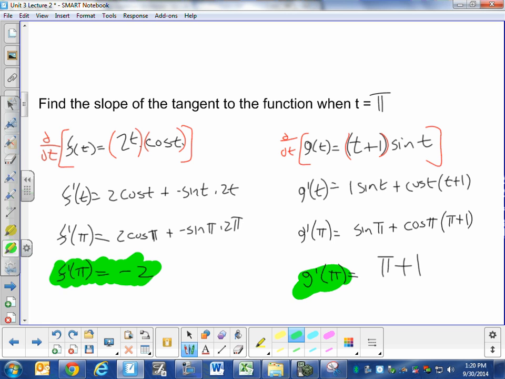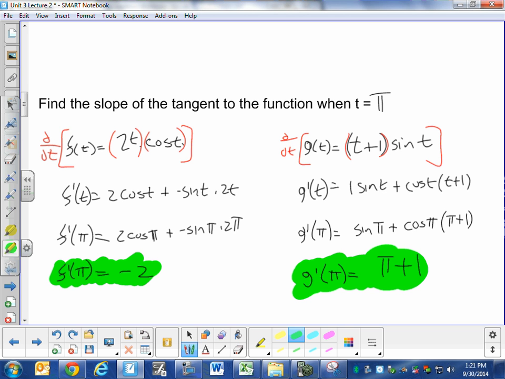Any questions? Mr. Robertson, what'd you get for the first one? And what'd you get for the second one, Mr. Ruzicka? Okay. What'd you get for the derivative of the second guy? Careful.